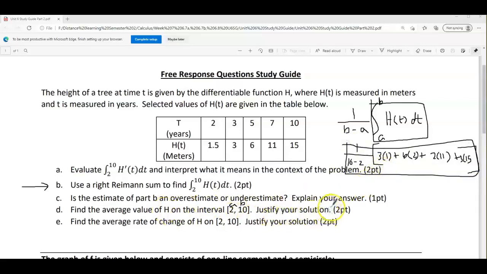But I do want you guys to remember what we're doing here, right? Whenever you think of the graph of this function h, okay, maybe it looks like this. The average value is the average height of your function. So in other words, let's say that height's the average. Now, how do I know that's the average? Because the area above that line is equal to the area below that line that's missing.